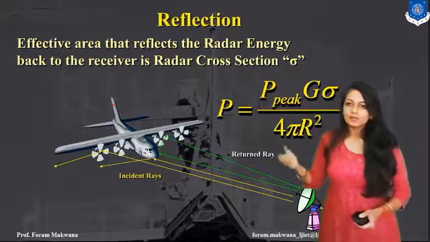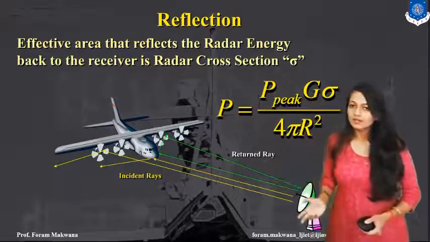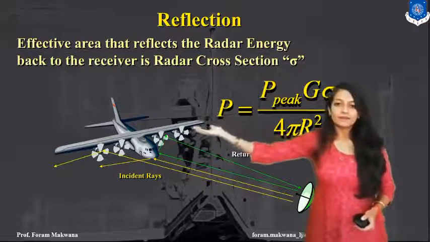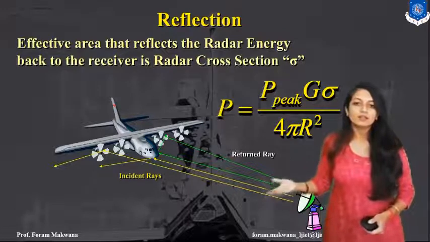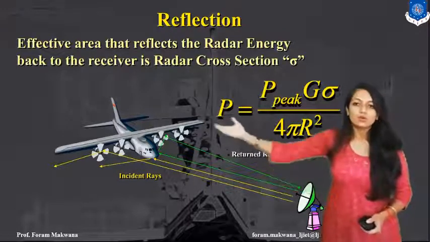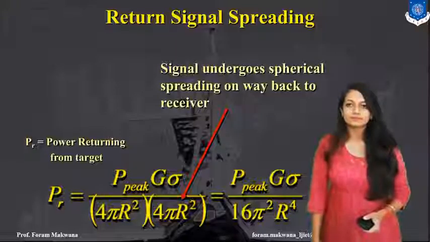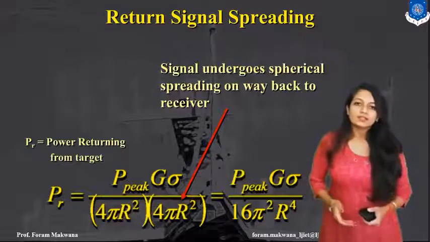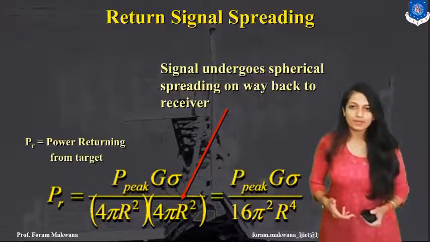After the incident rays go from the radar antenna to the aircraft, we get the return signal or echo signal based on the shape of my target. This return signal is spread according to the shape of my target.